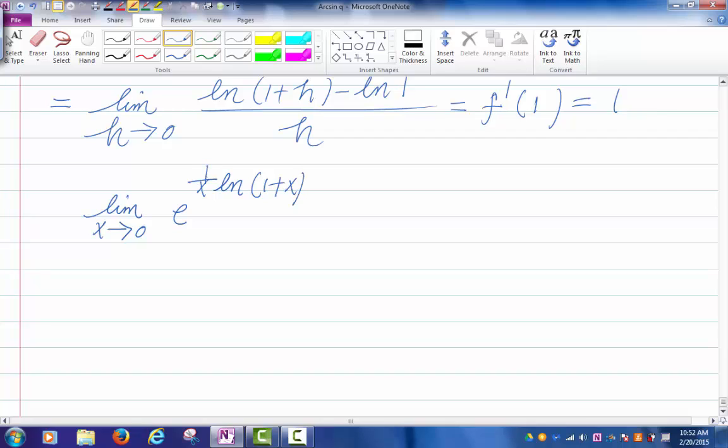And what we found is that the limit of the exponent turns out to be 1, so I get e. Okay? I get e. This limit comes up in so many application areas that's the reason that I showed you this.